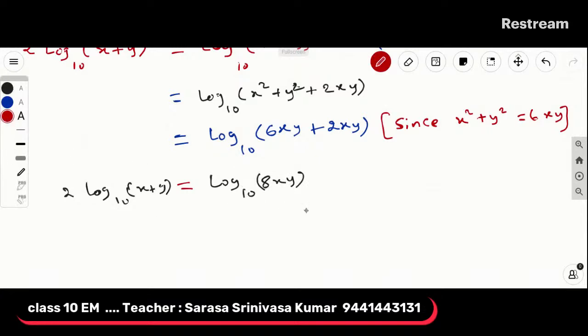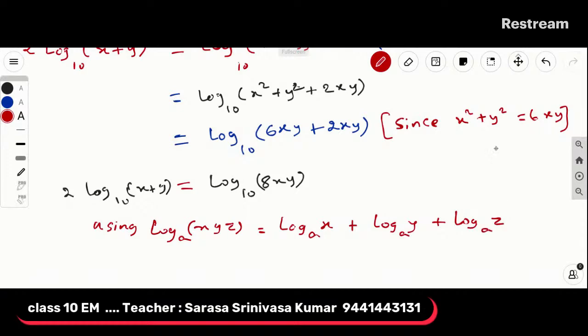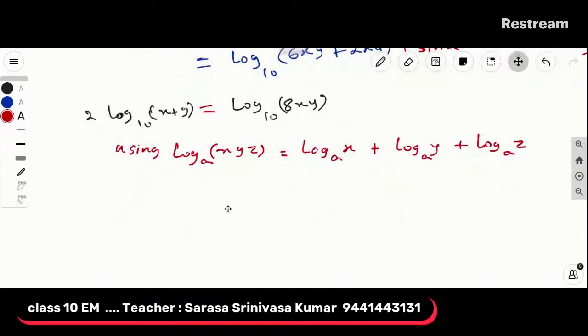Using the formula log xyz to the base a equal to log x to the base a plus log y to the base a plus log z to the base a, the right hand side can be written as log 8 to the base 10 plus log x to the base 10 plus log y to the base 10.